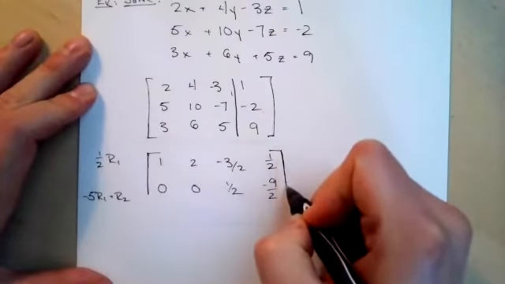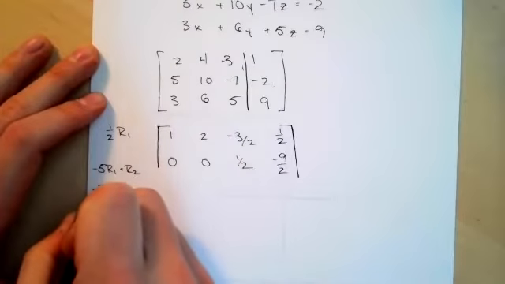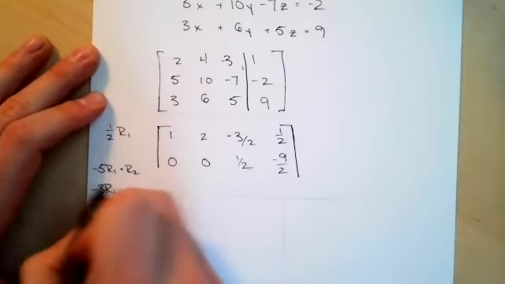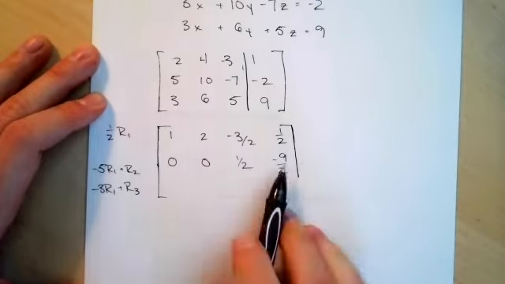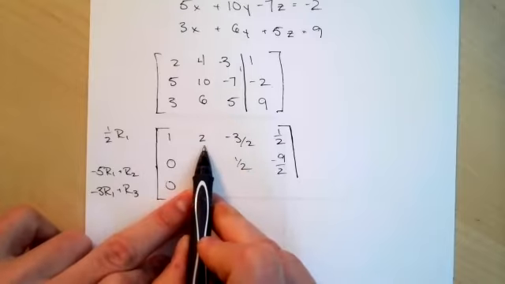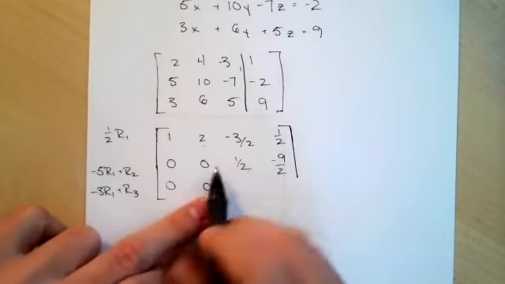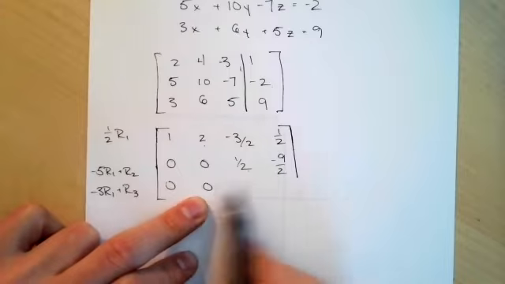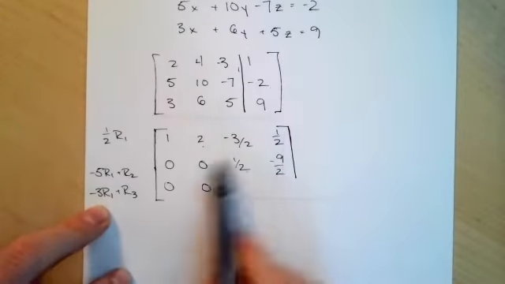for that middle row. And then our third row, we want to do minus 3 row 1 plus row 3. And so we'll get a 0 here. We'll have minus 6 plus 6 will give us a 0 again. And then we've got, let's see, minus 3 row 1.